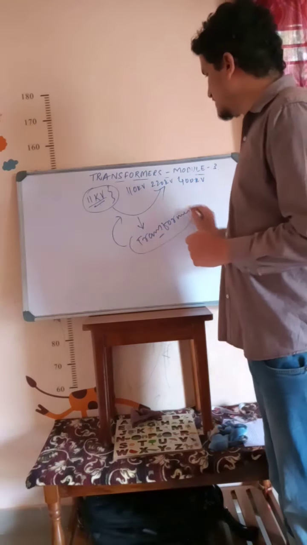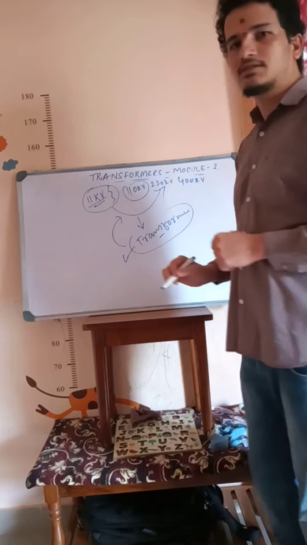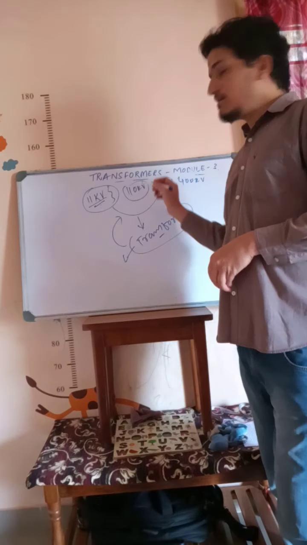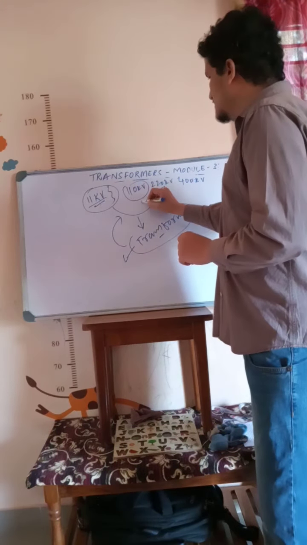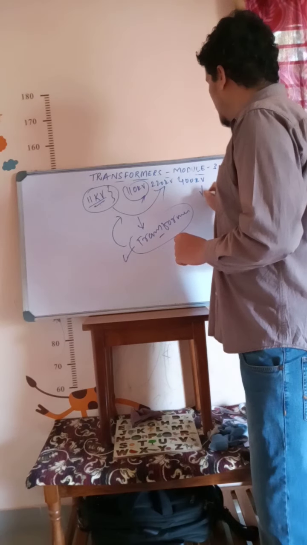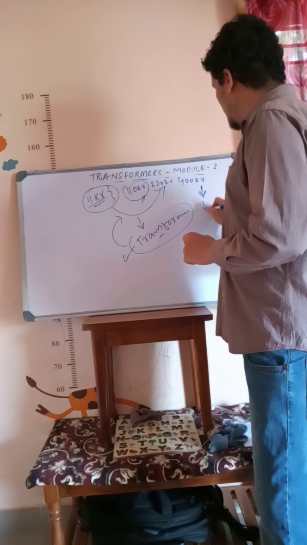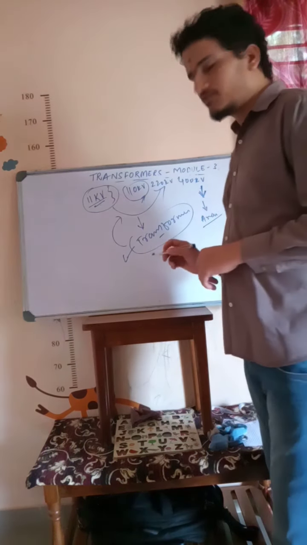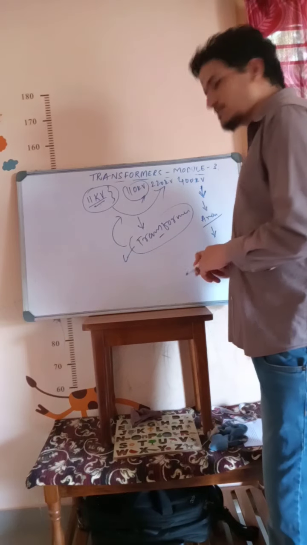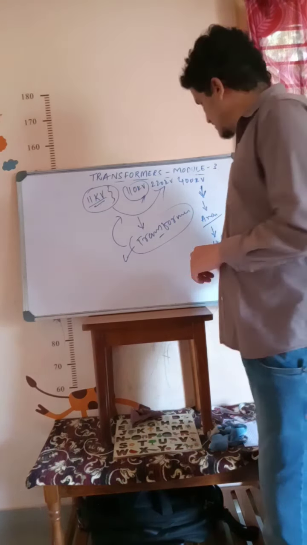So this transformer is also called a power transformer. Why transmit the power at a very high voltage level? The simple reason is this: if you raise the voltage, the current falls in the secondary. As current falls, the area of cross section of the conductor reduces, so the cost of the conductor reduces.